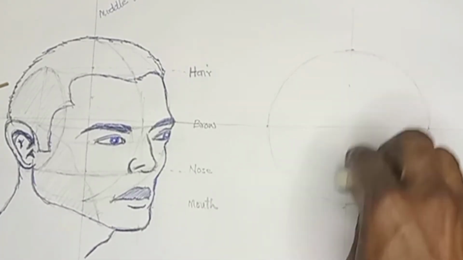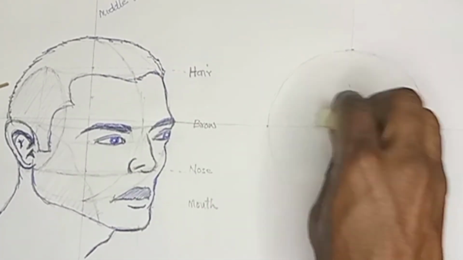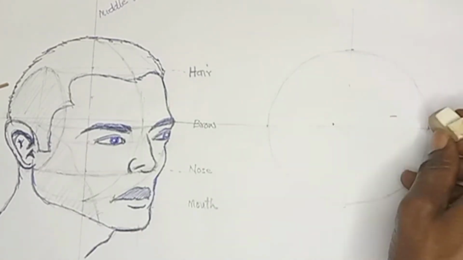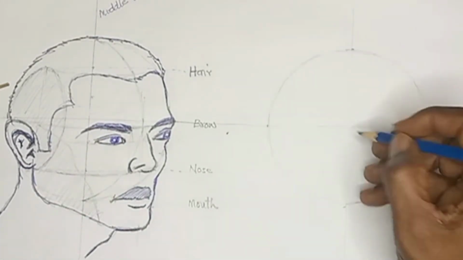Now I'm placing this vertical horizontal line because I want to make the head face up.